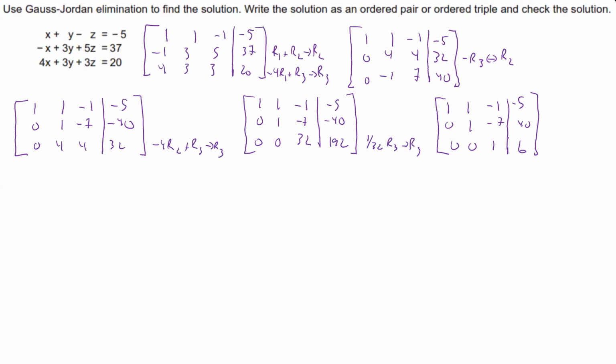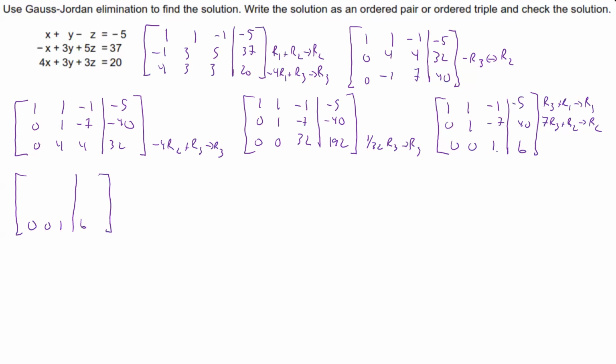Okay, easy enough. All right, so now I need to take 7 times row 3 plus row 2, and that's my new row 2. And I need to take row 3 plus row 1, and that's my new row 1. And that will give me zeros here.